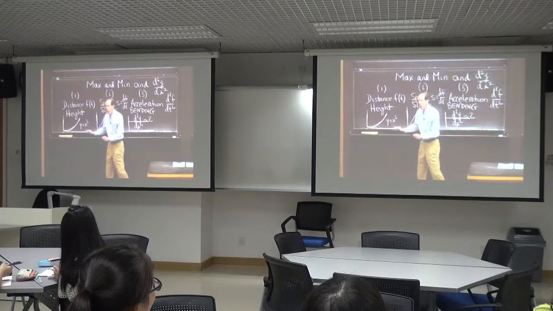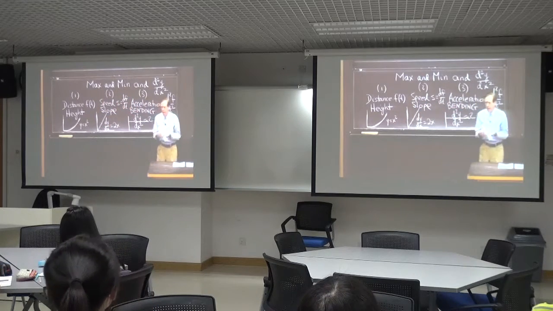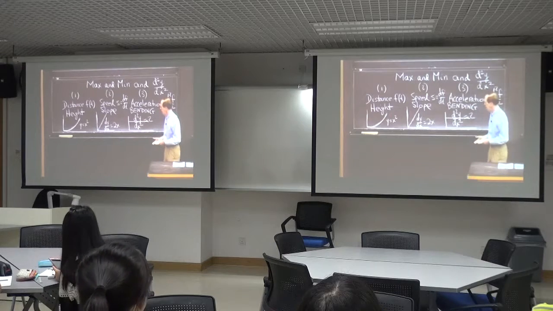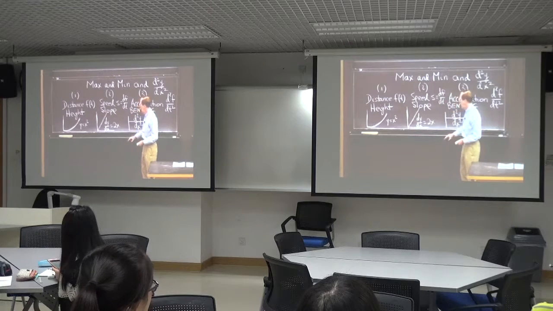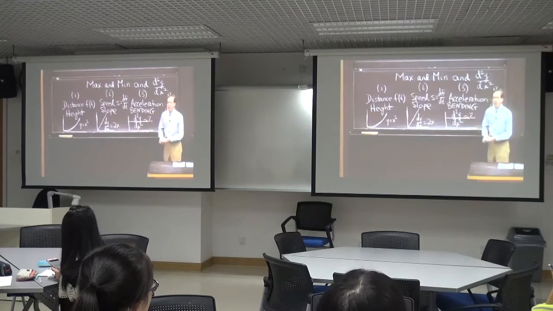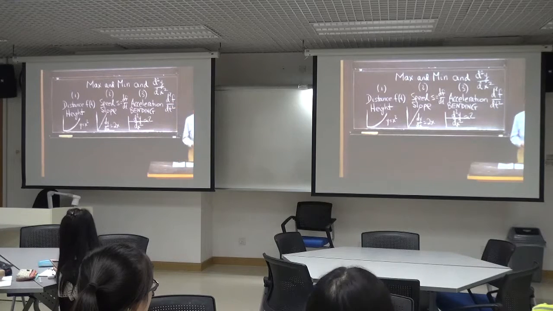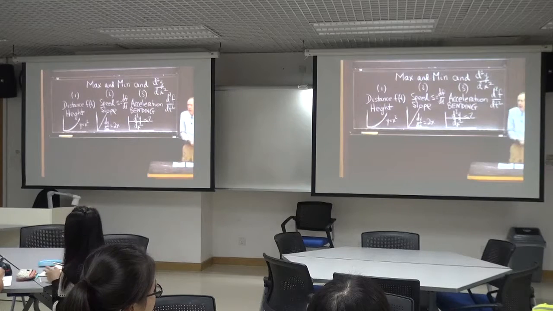So in this simple case, we connect these three descriptions of our function. It's positive, its slope is positive, and its second derivative, bending, is positive. And that gives us a function that goes like that.